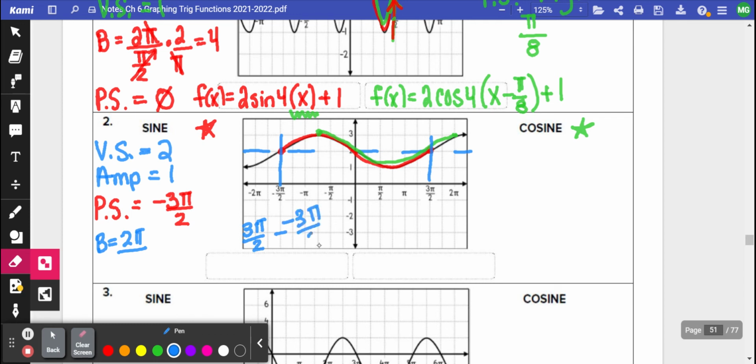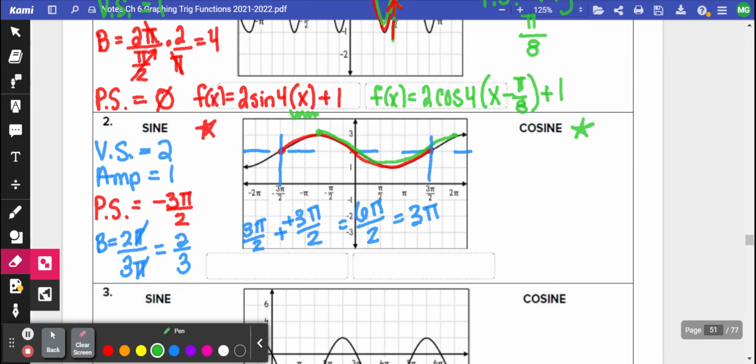Remember, we do the right minus the left there. What we get is 6 pi over 2, which gives us a period of 3 pi. So remember, for the period, we do right minus left. So 2 pi divided by 3 pi, that's easy math. Get rid of those pi symbols, and we're left with a b value of 2/3.